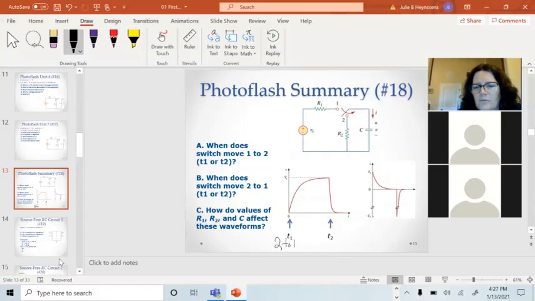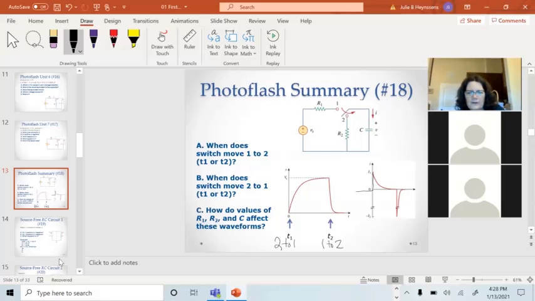If I move it from 1 to 2, the voltage is going to decrease. What happens to the current is you get these current spikes in there. It starts out at 0 in this case, and then suddenly spikes up to a high value, and then decays away. And down here, it will spike up to a negative value and then decay away.